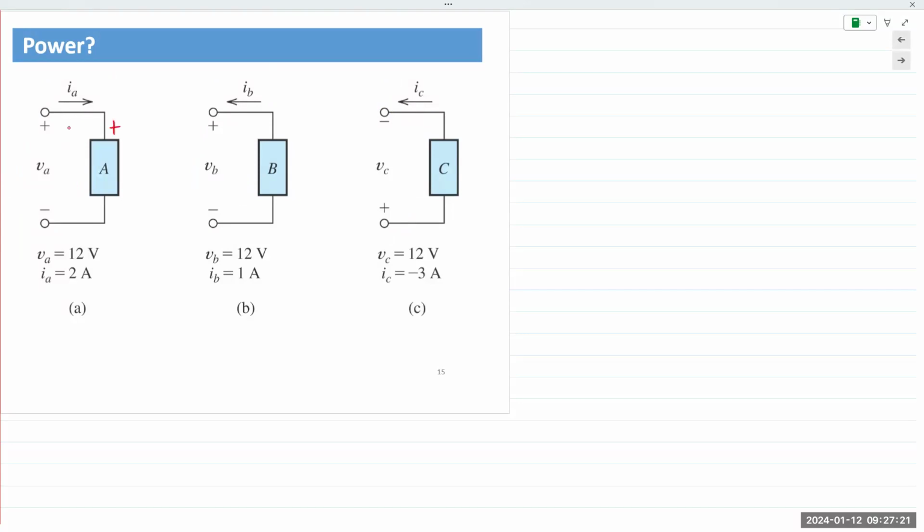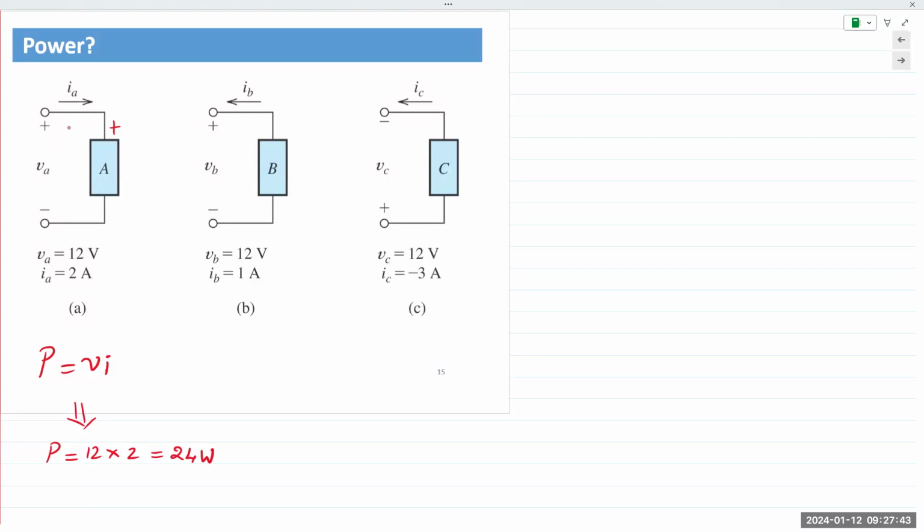So power is positive. We would use the equation P equals VI. This would simply be 12 times 2, 24 watts.